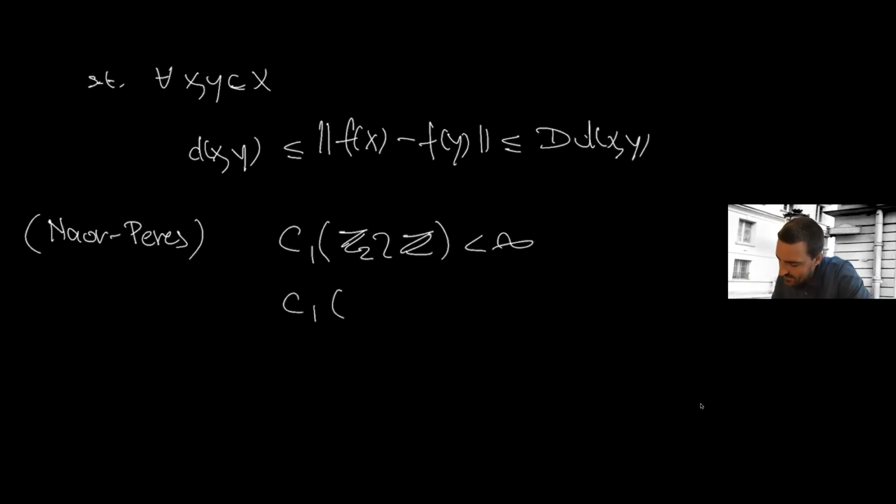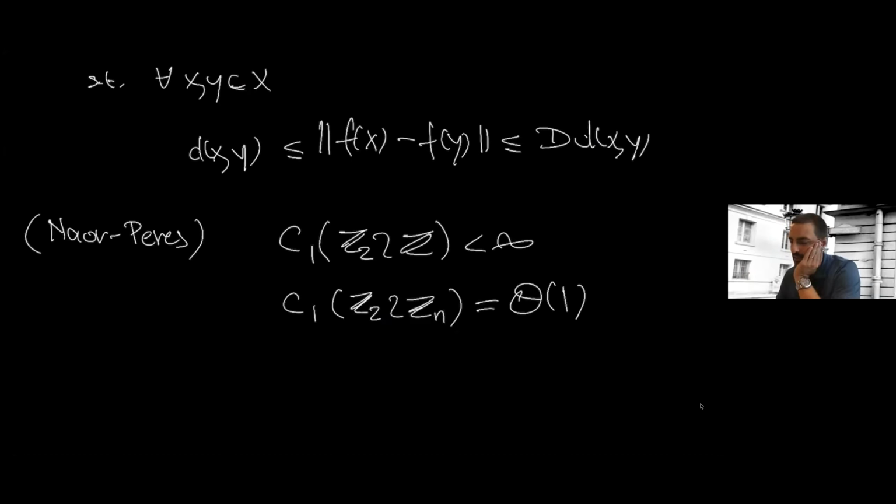They also showed that the L1 distortion of Z2 wreath Zn, where the graph of Zn is a cycle, so this is now a finite metric space, has bounded distortion uniformly in n.